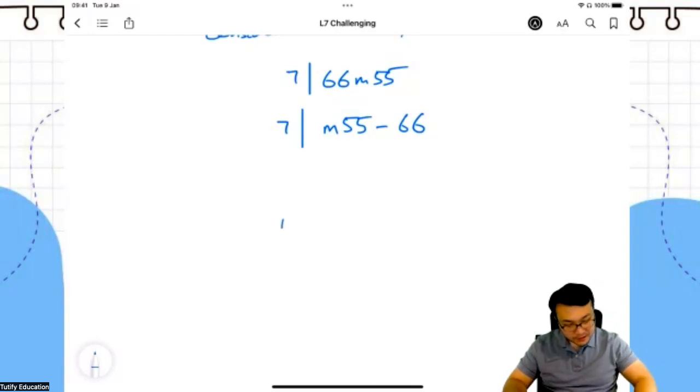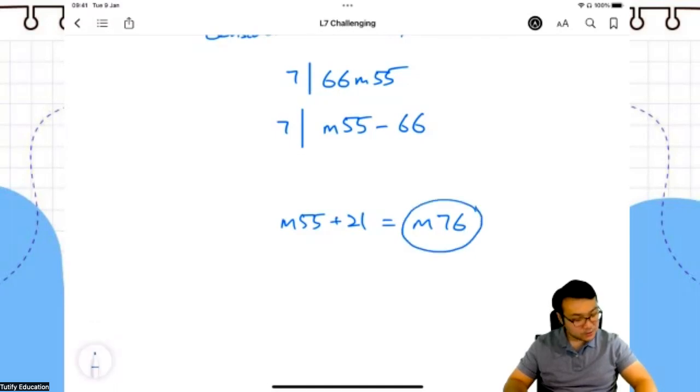What happens if I take M55 plus 21? What will I get? M76. And now, if 21 is divisible by 7, do you think that M76 is also going to be divisible by 7?